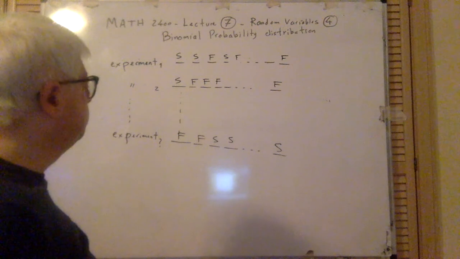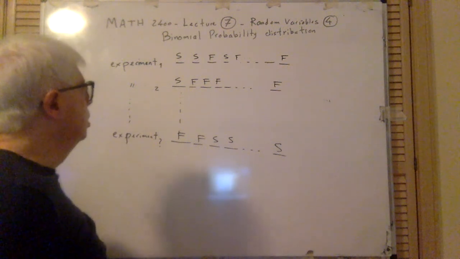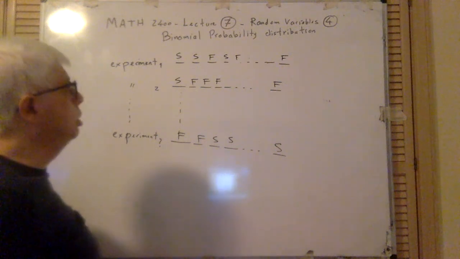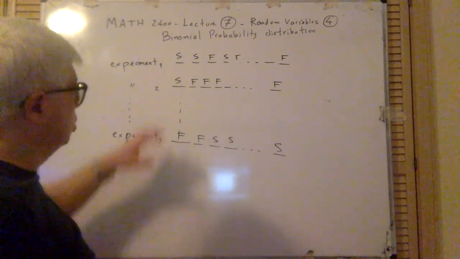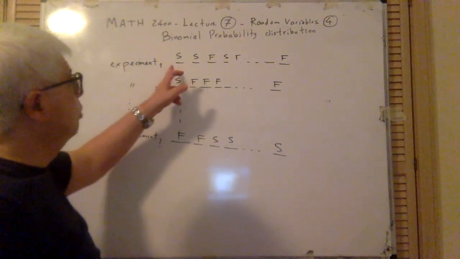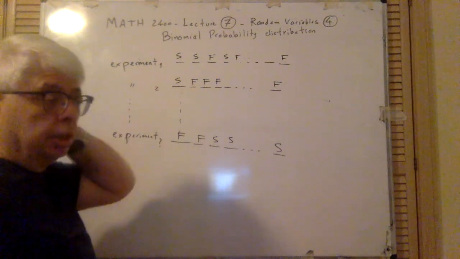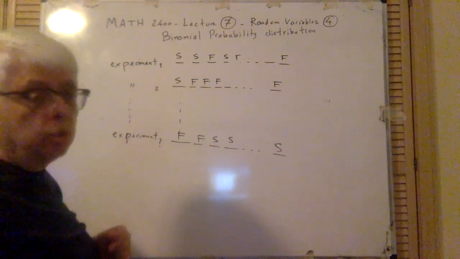Each experiment gives me a result, and I'm assuming that these are different. If I perform it and I get this configuration, and I get it again, then I just write one of them.